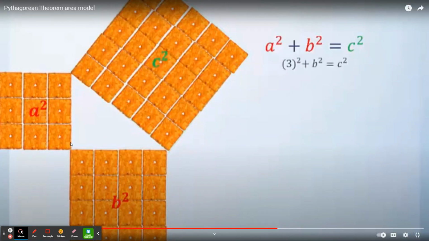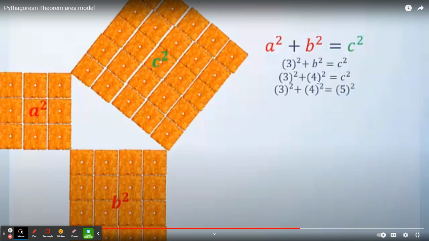You'll see we got that 3 from this length right there, and when I squared it, it matches up with the Pythagorean theorem. Then the B side length, which was 4 Cheez-Its, when we square it, it matches up in the Pythagorean theorem.